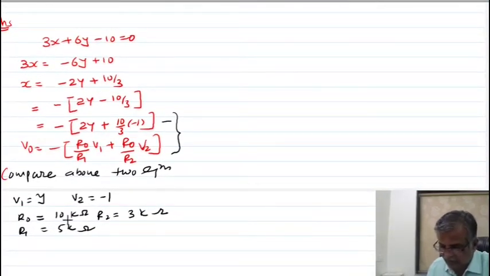If you take Ro is equal to 10k, R1 is 5k, R2 is equal to 3k, then you will get this equation. 10 by 5 gives 2, and 10 by 3 is the same. V2 is minus 1. You have to select the values of Ro, R1 and R2 yourself.